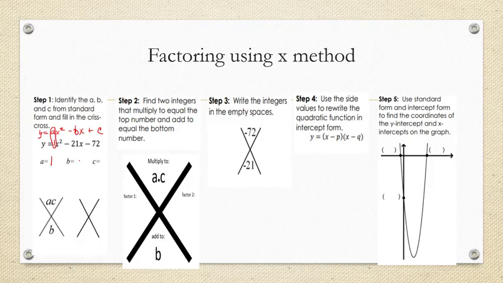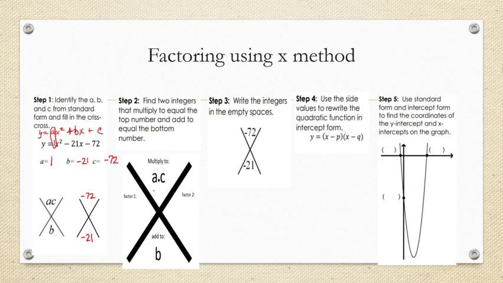Your B is going to be negative 21, and your C is going to be negative 72. So if we do A times C, 1 times negative 72 is negative 72. The B value is negative 21.